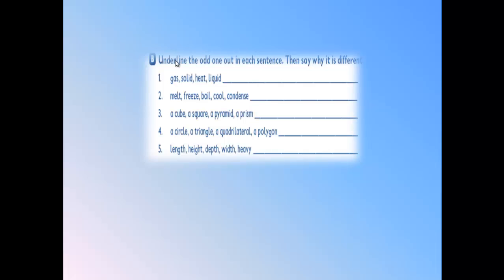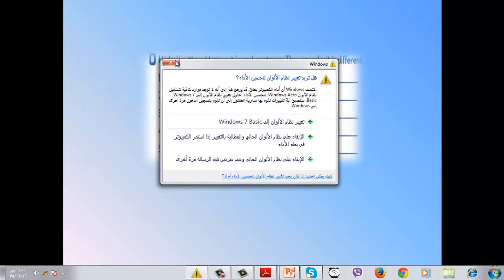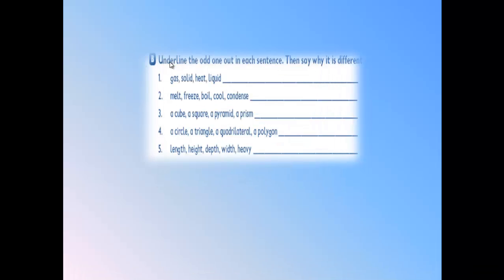We have 4 words here, and we have an odd word, a strange word, which doesn't relate to them. Yes, here the heat is the odd word, because the others are states of matter. So gas, solid, liquid are states of matter, except the heat, it doesn't relate to them.